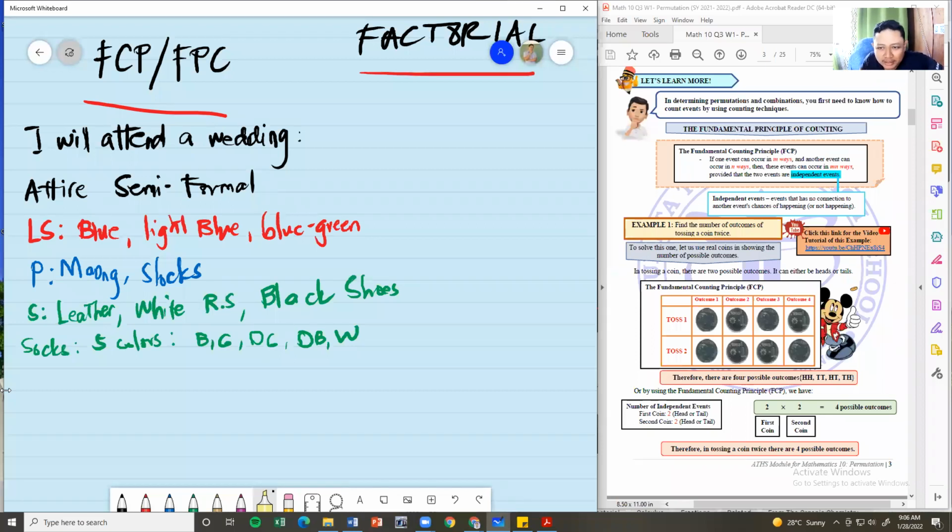Okay? Thank you, Mar Wilson. Mar Wilson is correct. What about the rest? Let's wait for the rest. What shall we do? Kasi sobrang dami ng mga possible semi-formal attires na pwede kong isuot. Ilan ba yung possible na pwede kong isuot? Okay.